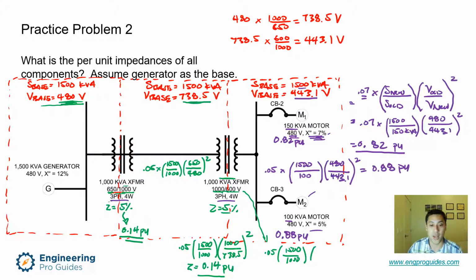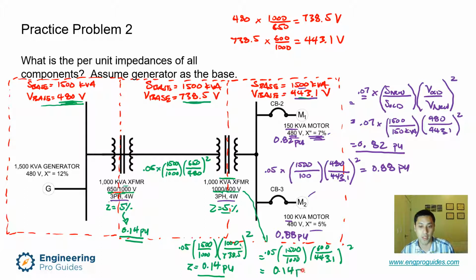And the reason why is that these ratios of voltages are going to be the same regardless of whether you're looking at the primary side or the secondary side. So on the secondary side, I'm at 443.1, compared to not 1,000 but 600 as the old base.